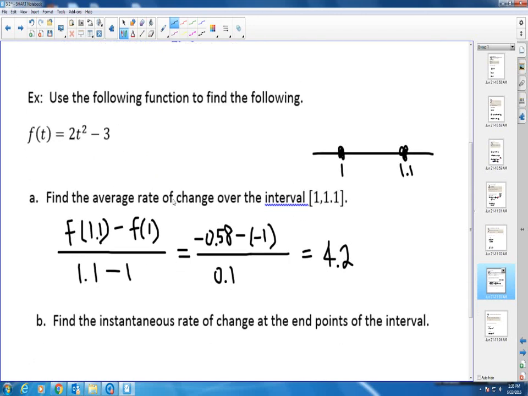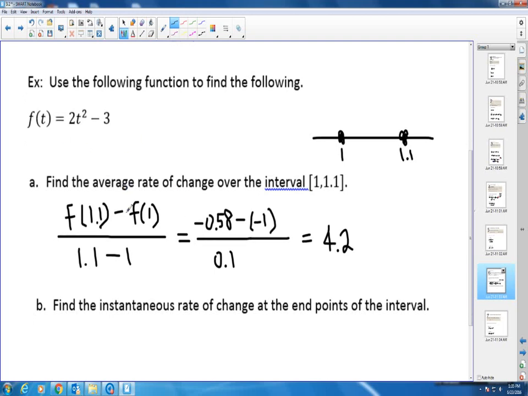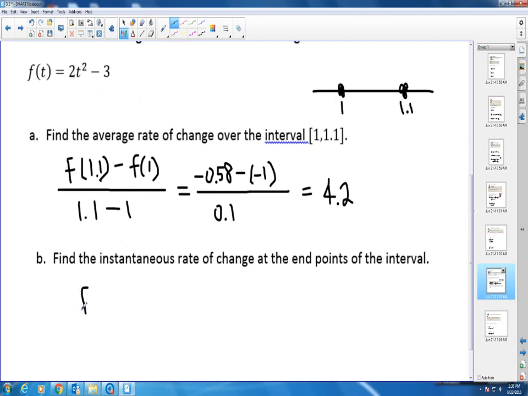If I take a derivative of my function, that gives me 4t, and I evaluate at time 1. f prime of 1 tells me the instantaneous velocity at the endpoint 1 of the interval is 4. 4 times 1 is 4.